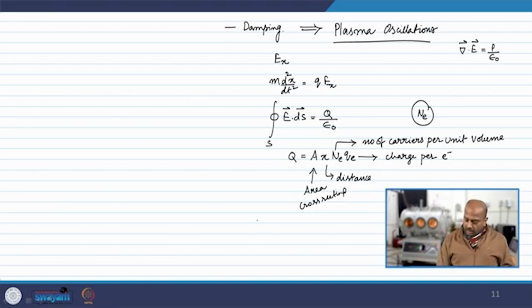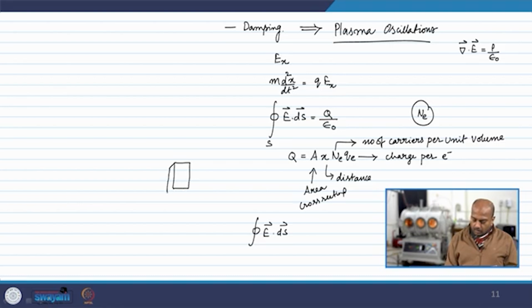So, we can write the closed integral E dot ds. What is ds? ds is the surface. So, how do we define it? We take this volume. Now this is A, and this will be ds.